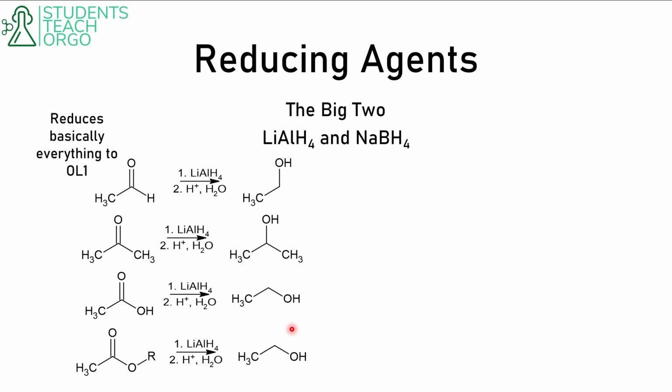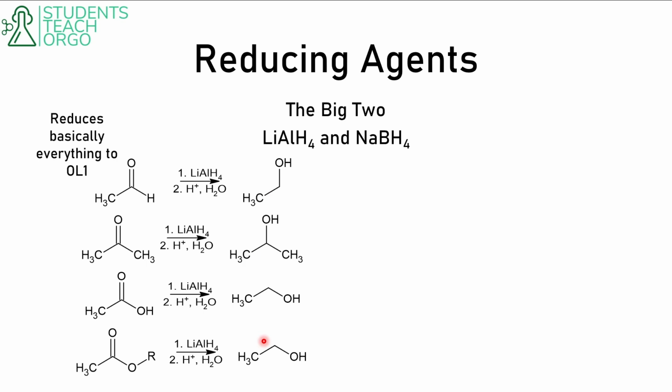Now, it basically reduces anything on oxidation level 2 or oxidation level 3, right? So again, oxidation level 2, aldehydes and ketones, and oxidation level 3, carboxylic acids and esters, to alcohols, or oxidation level 1. So just keep that in mind.